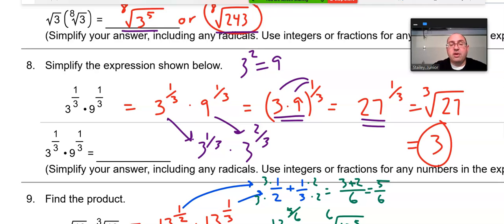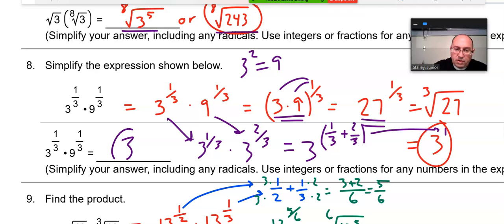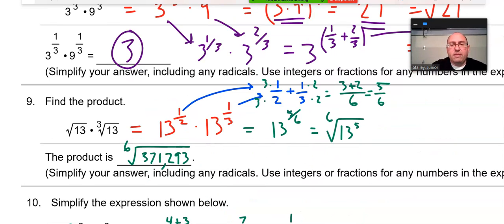So we could substitute that 9 with 3 squared, which would then give me 3 to the 2/3. And then you can add the exponents together and get plain old 1, which is exactly what the exponent is there. So, whichever way you want, you end up with that particular answer. Two different ways to think of it.